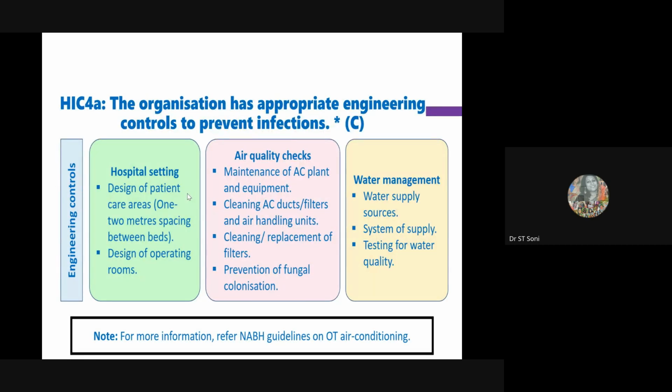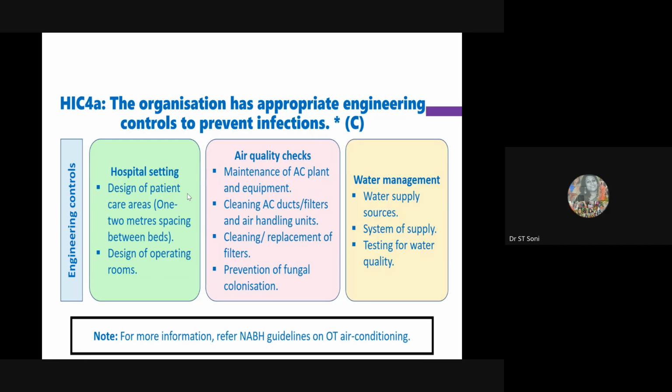prevalence. There are certain factors called the engineering controls to prevent the healthcare associated infection, and they are basically the hospital engineering controls. So the biomedical engineer also becomes a very important key part of it, and it talks more about the hospital setting, like the distance between two beds, design of the operating rooms, maintenance of the HVAC system, that is the heating, ventilation, and air conditioning system, and water management.